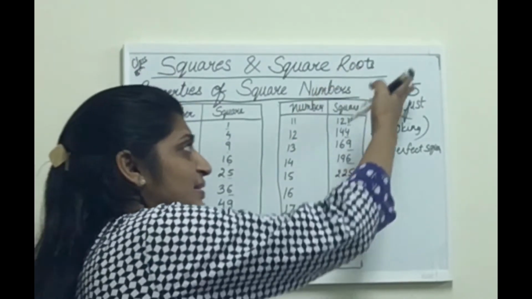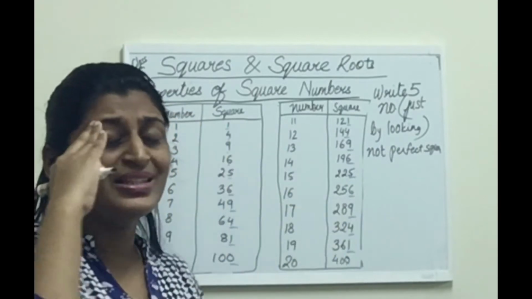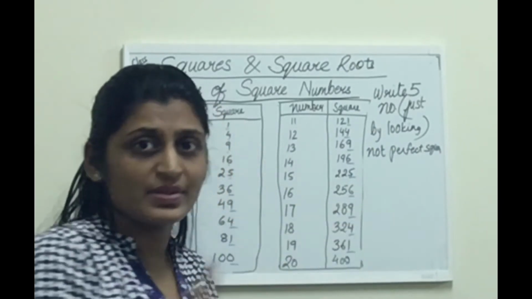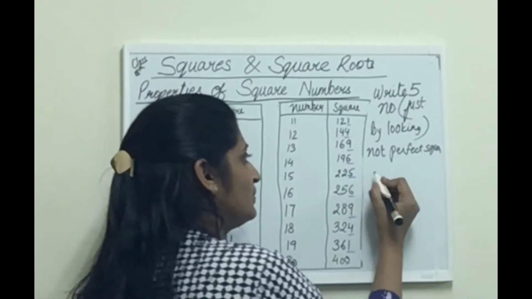So, it's your job. Start writing the 5 numbers. I'm giving you a minute, waiting for your answer.